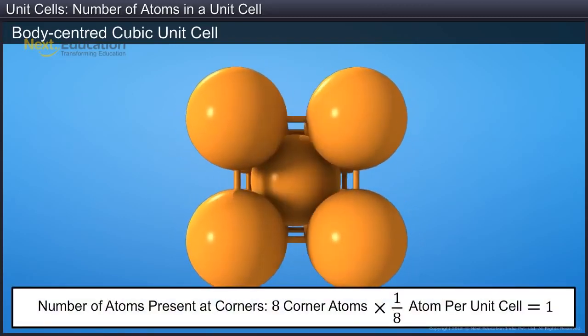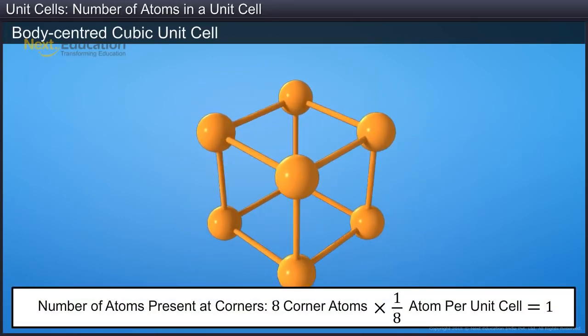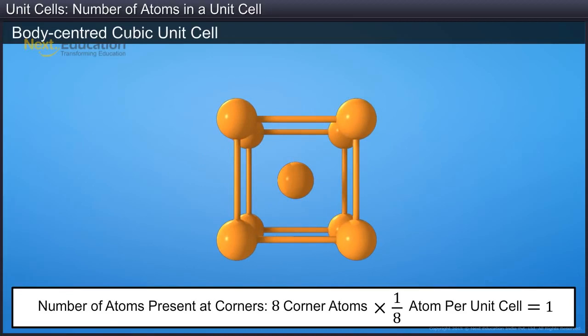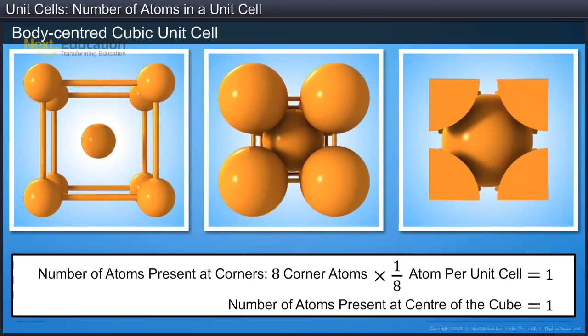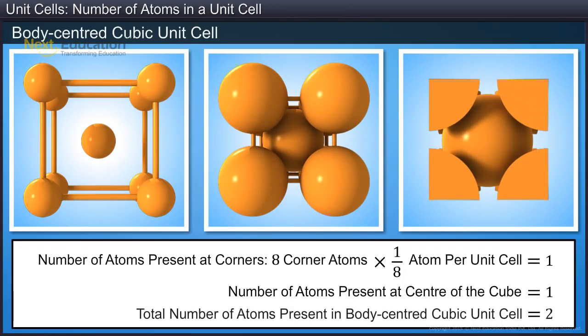Therefore, the number of atoms at the corners per unit cell is equal to 8 corner atoms into 1/8 of an atom per unit cell, which is equal to 1. There is one atom at the center of the cube. Thus, the total number of atoms in a body-centered cubic unit cell is 2.